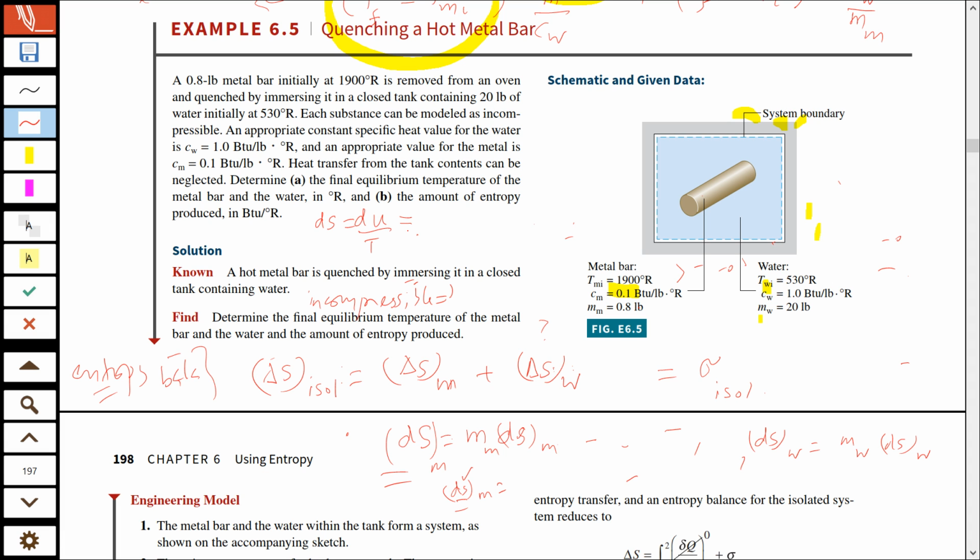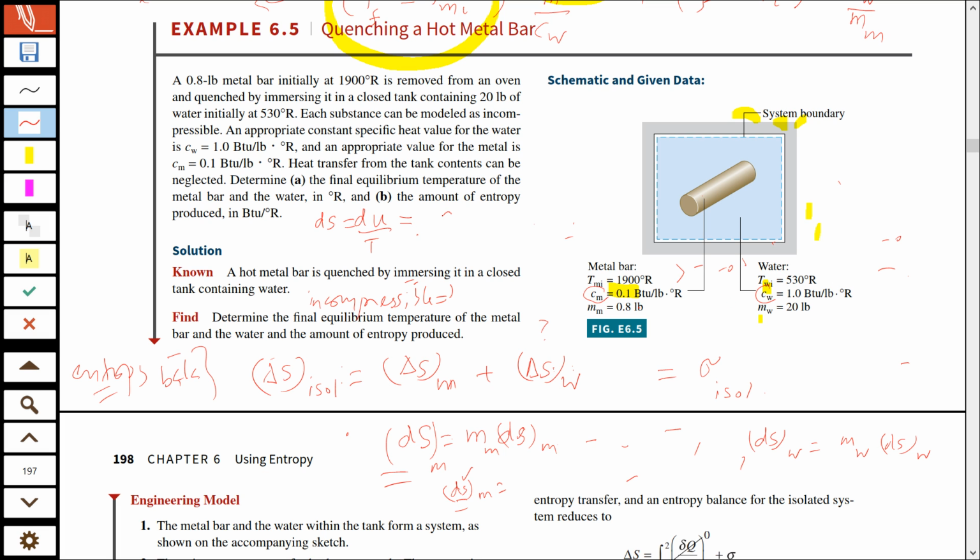I also know that du, in part A, I used these two constants, and that was related to du.